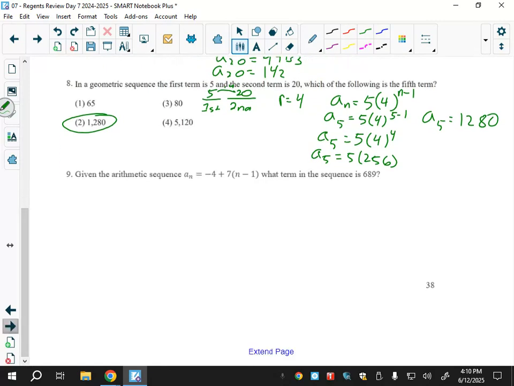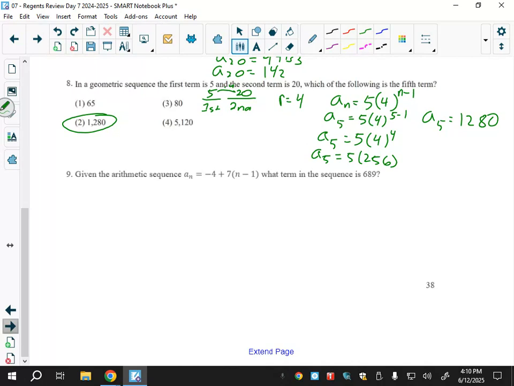Okay. And then number 9, kind of a different problem with our arithmetic sequence. I'd be surprised to see it on the Regents, but you never know. Given the arithmetic sequence a sub n equals negative 4 plus 7 times n minus 1, what term in this sequence is 689? So we know 689 is in the sequence, but we don't know what number term.